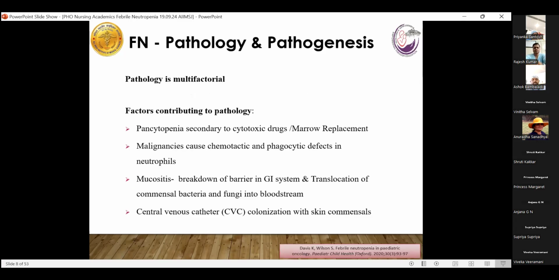Coming to pathology, pathology is multifactorial. What are the factors that contribute to the pathology? First of all, we have pancytopenia. It could be secondary to the cytotoxic therapy or due to marrow replacement by the leukemic cells.